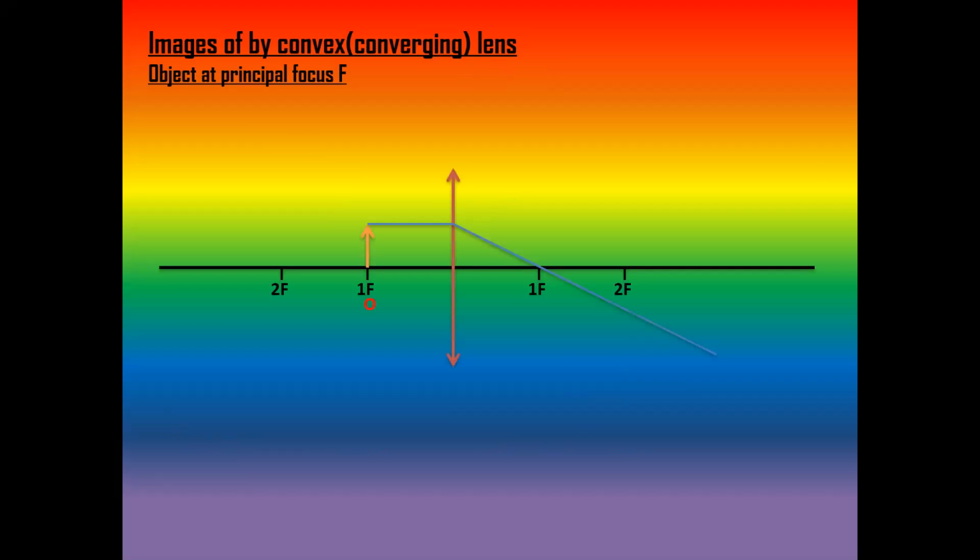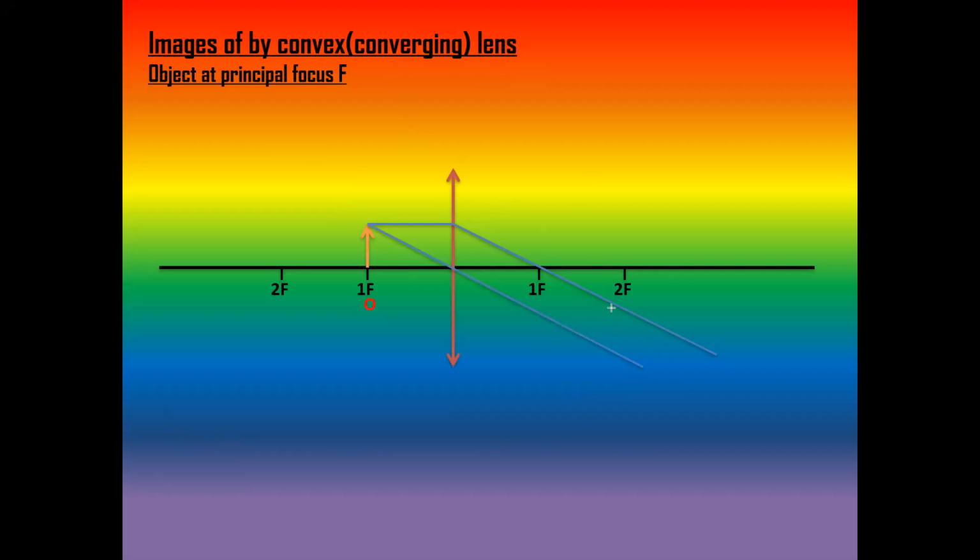Image formed by a convex lens. If the object is placed at the focus, on the principal axis there, the parallel ray will pass through the focus, and the one through the optical center will pass straight, but they will intersect.